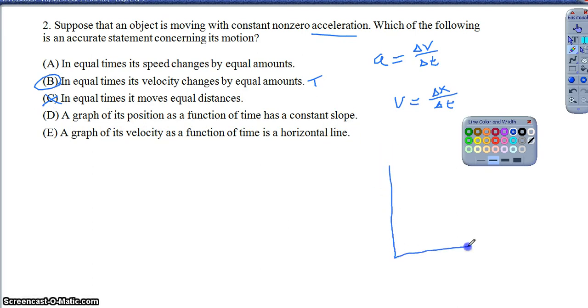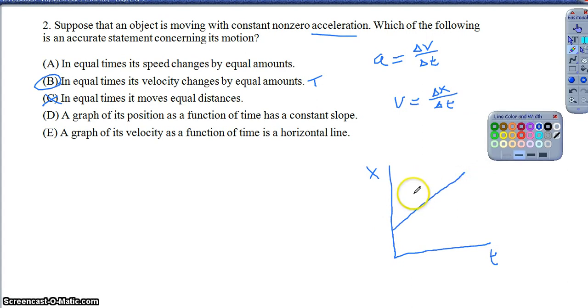So again, if my x versus time graph had a constant slope, so let's suppose this was just a line, well, the slope of this graph would be the velocity. And so if this had a constant slope, the velocity would be constant, which would not be a non-zero acceleration, because if it's a constant velocity, that tells us there is no acceleration. So that's definitely not true.